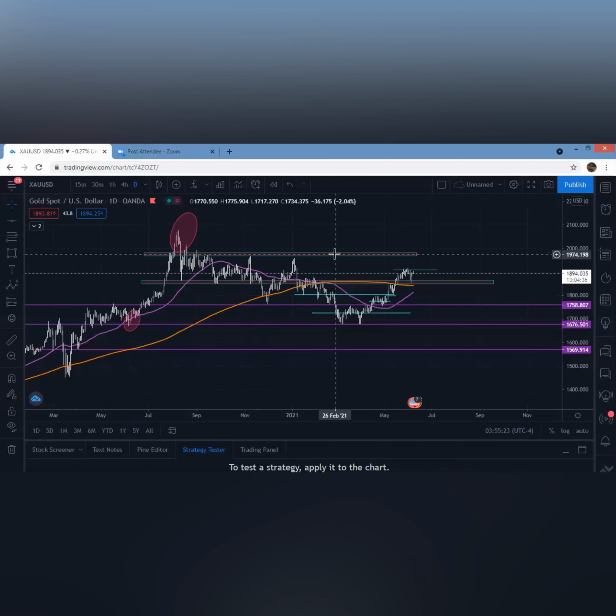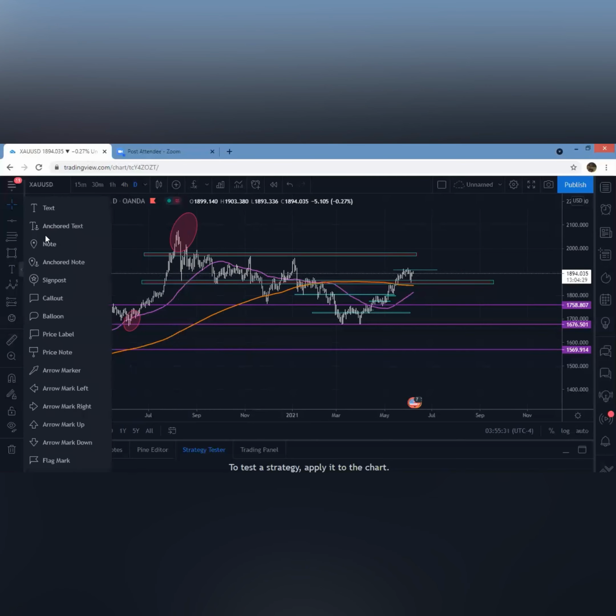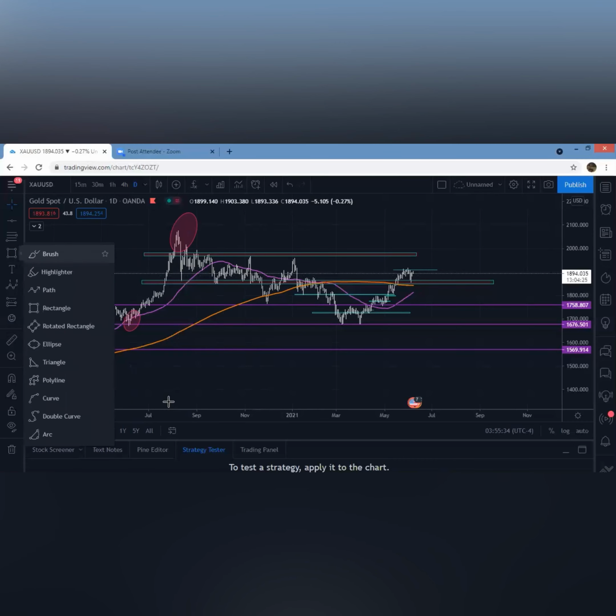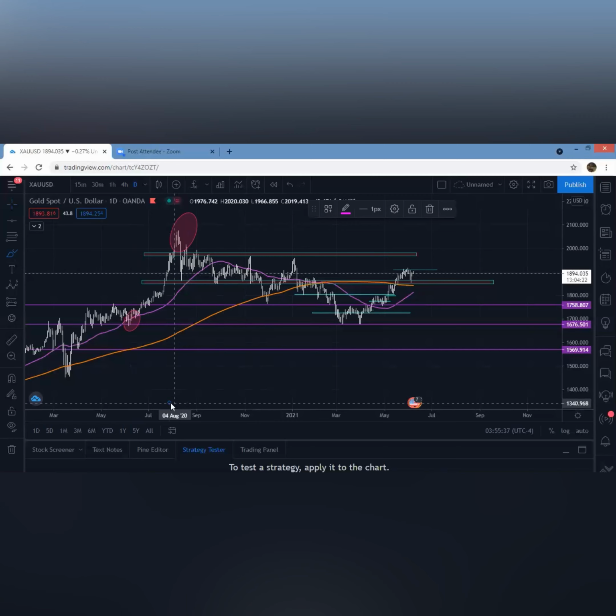So the market only moves in two directions. So that's up and down. The market can only move in two directions. It can either go up or it can go down. That's it. Now you might hear people say it's going sideways, but that's only them saying that the market is not making a significant up or down move.